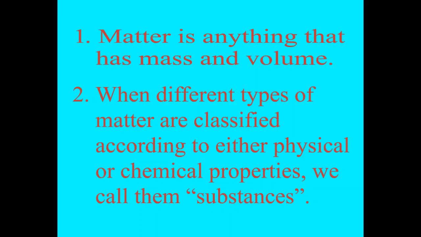Number two, when we classify matter according to either physical or chemical properties, we call them substances. According to physical properties, they will be solid, liquid, or gas. According to chemical properties, they will be elements, compounds, and mixtures. You got it?